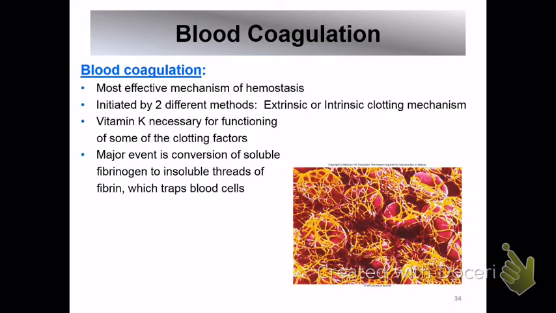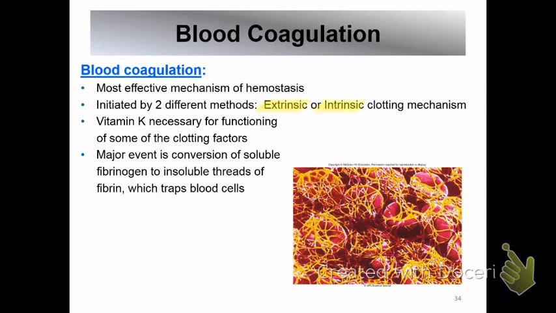And then blood coagulation. That's where the blood clots together. Y'all look at that, how it's like a spider web on top of it. It's a protein that makes it all spiderwebby and makes the blood stick together. So blood coagulation is the clumping of the blood. Most effective mechanism of stopping the bleeding, hemostasis, initiated by 2 different methods.